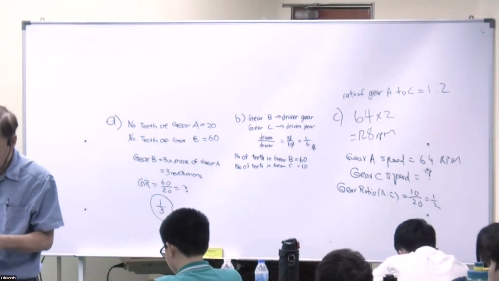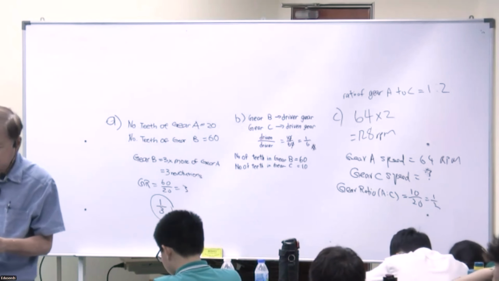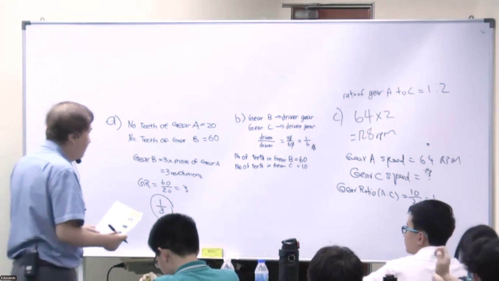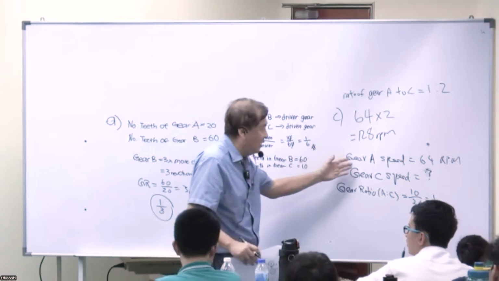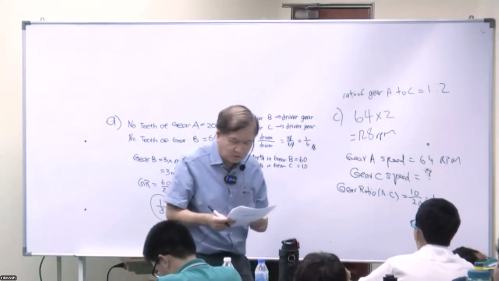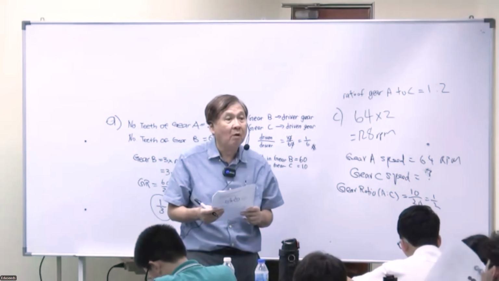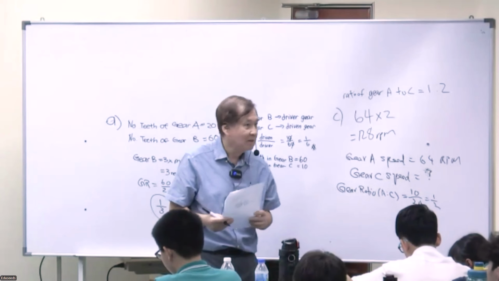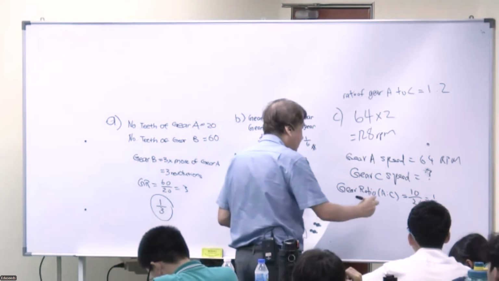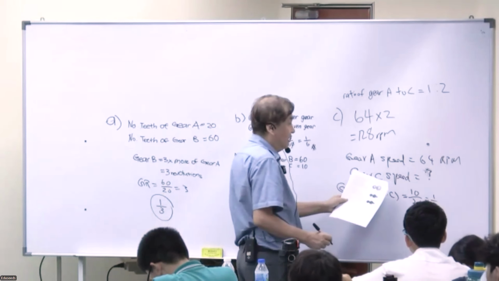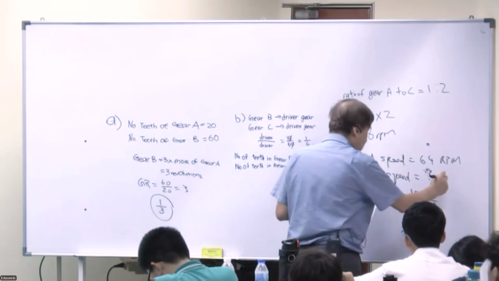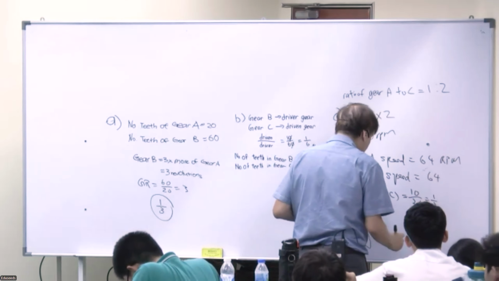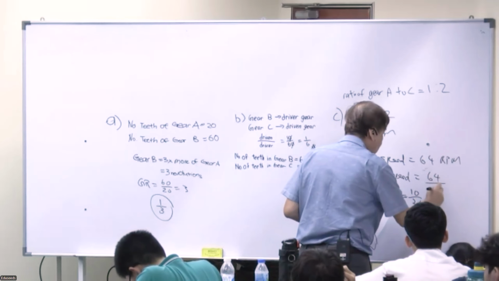Actually, from here, you can see very well. The gear ratio is half. Now, if I know that gear A's speed is 64, let me ask you this question. Which gear will rotate more? C. It must be faster, right? So therefore, the speed of gear C is 64 divided by half.